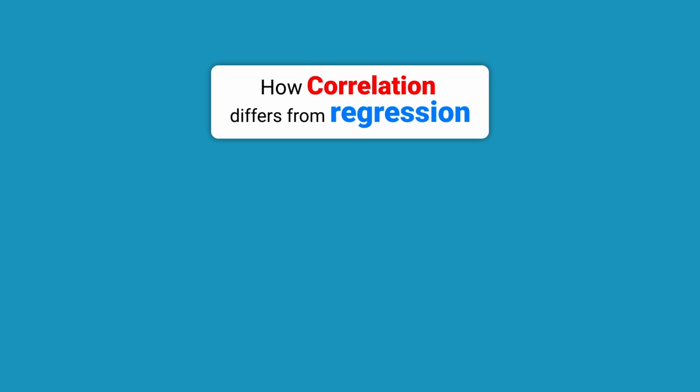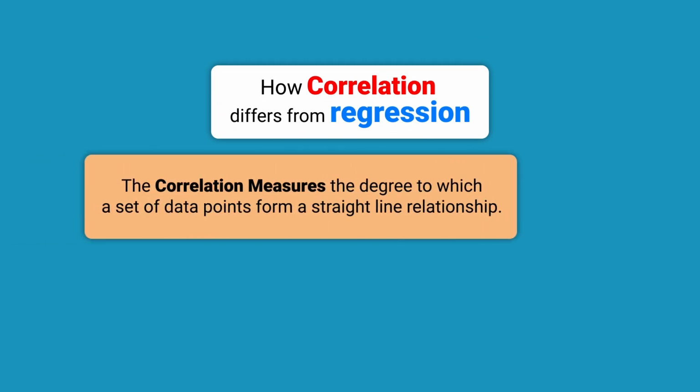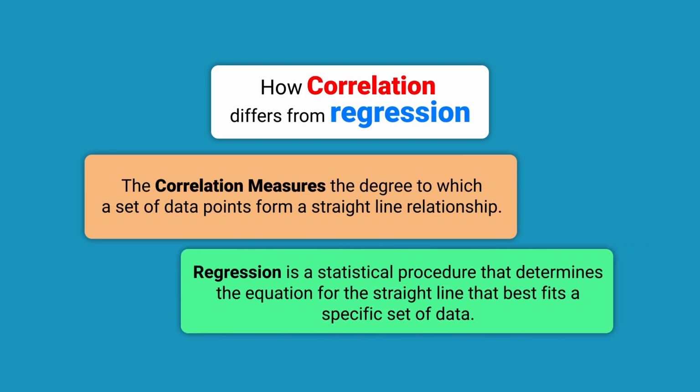There is no causal effect implied. That is the reason we are moving towards regression analysis. Correlation measures the degree to which a set of data points forms a straight line relationship, and regression is a statistical procedure that determines the equation for the straight line that best fits a specific set of data.